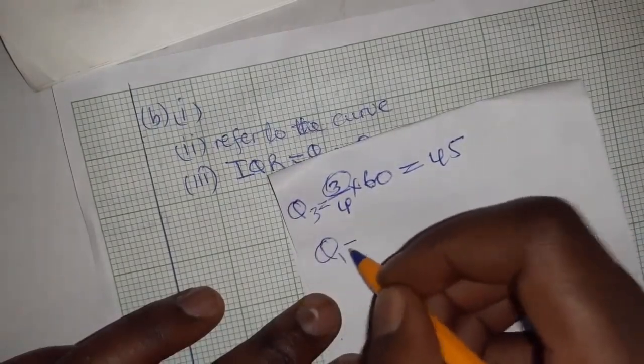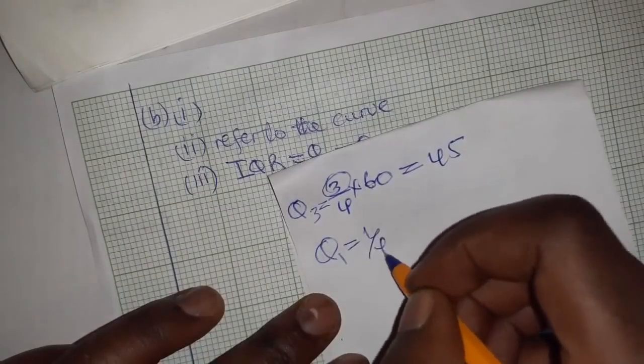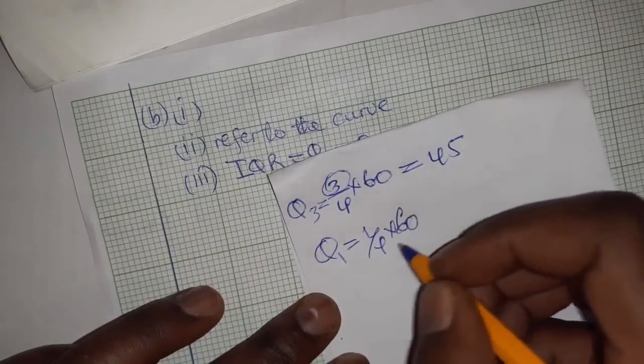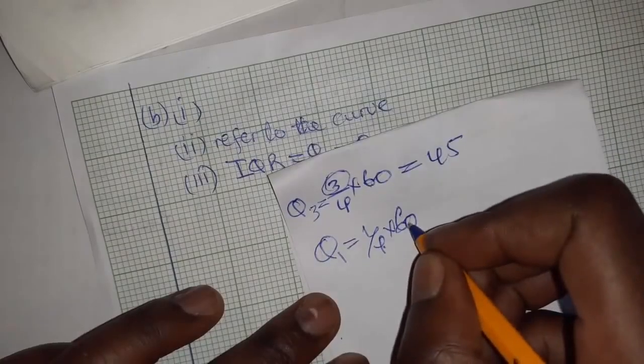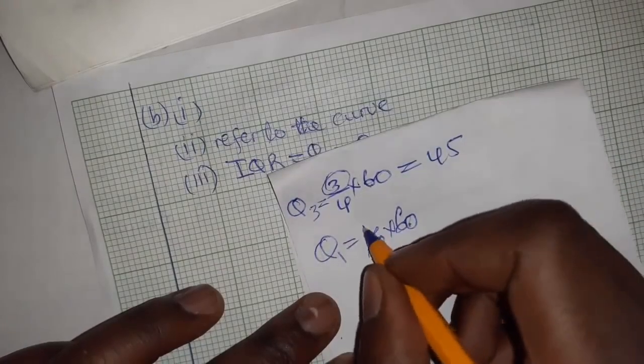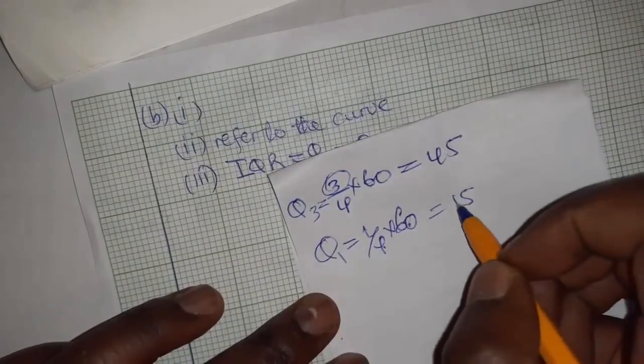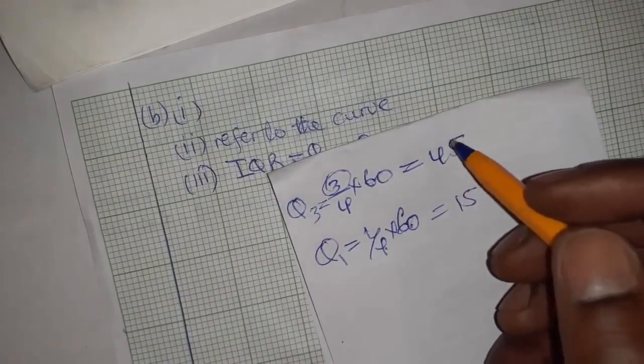Then Q1 is equal to 1/4 multiplied by 60. 4 into 60 is 15. 15 multiplied by 1 is 15. So we use 45 and 15.